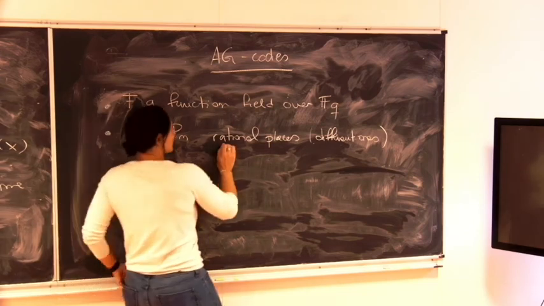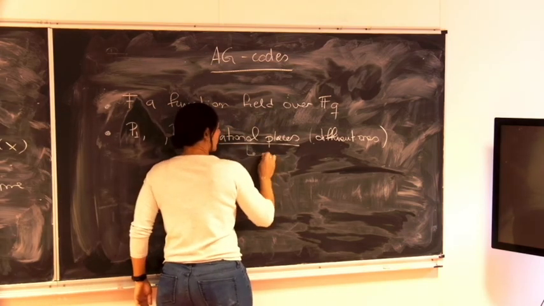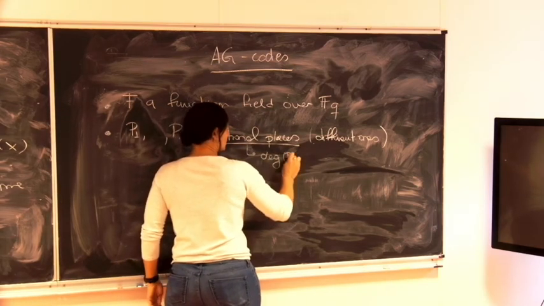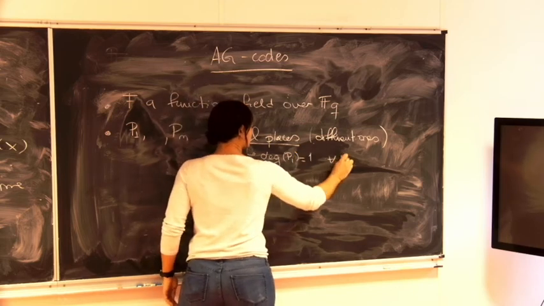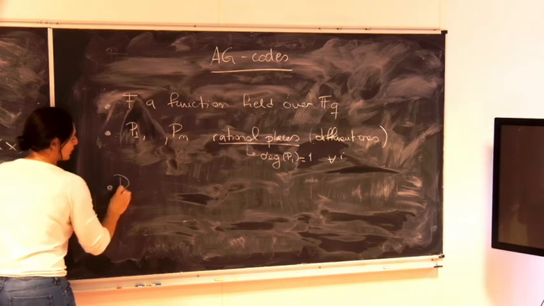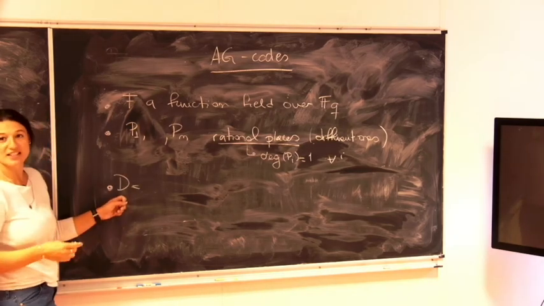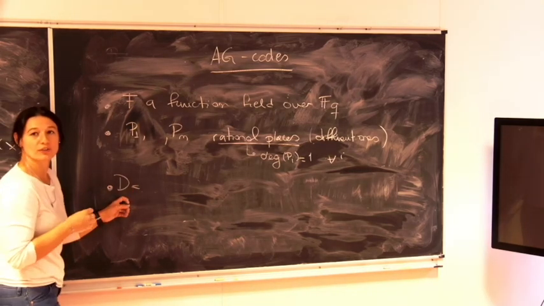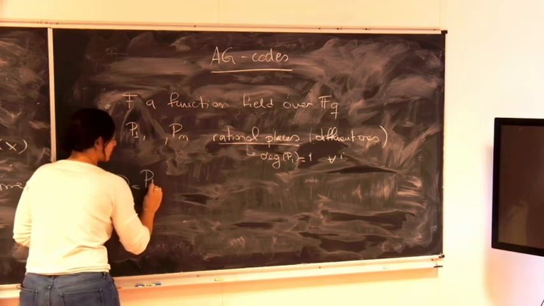And remember that rational means of degree 1. We will build the divisor D, which is just the sum of all of these rational places.